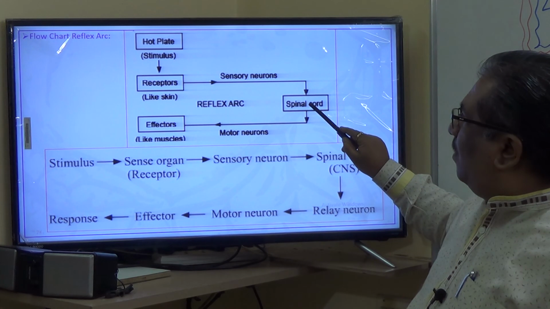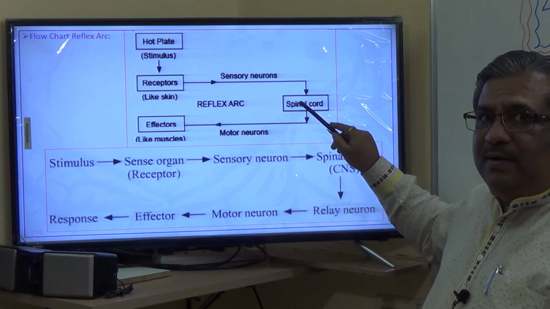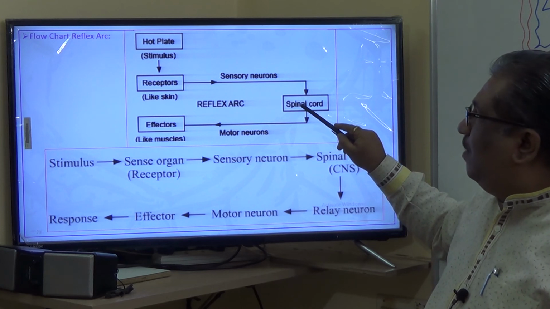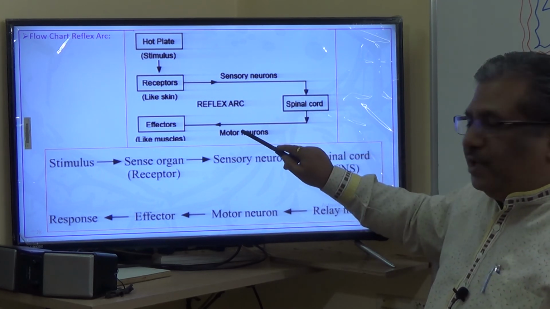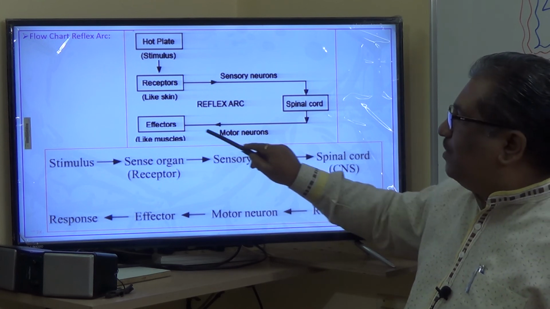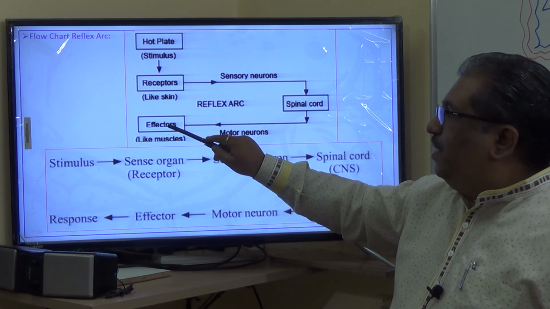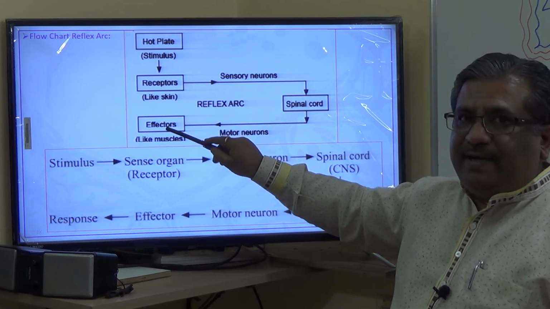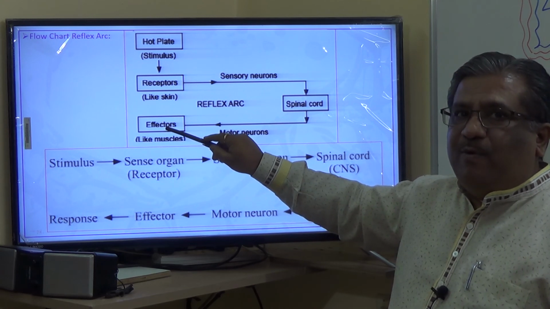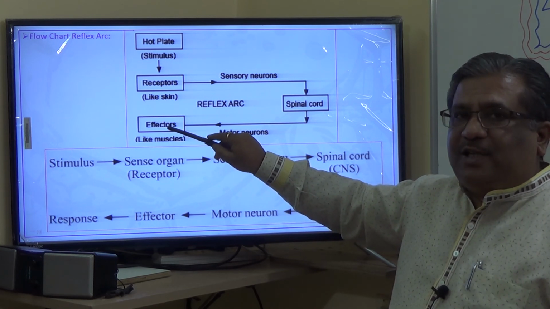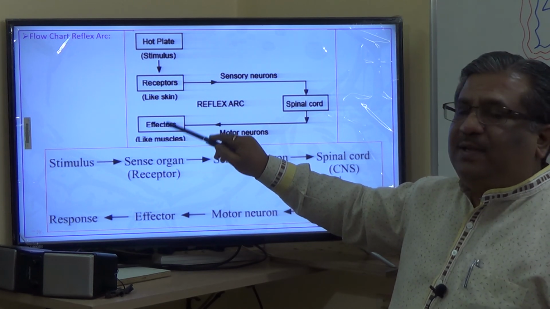In the spinal cord, the relay neuron conducts the information or carries the stimulus from sensory neurons to the motor neurons. Motor neurons are connected to the effectors and the effectors are activated. Pulling, pushing or body movements are the response of the effectors in order to protect the body parts.